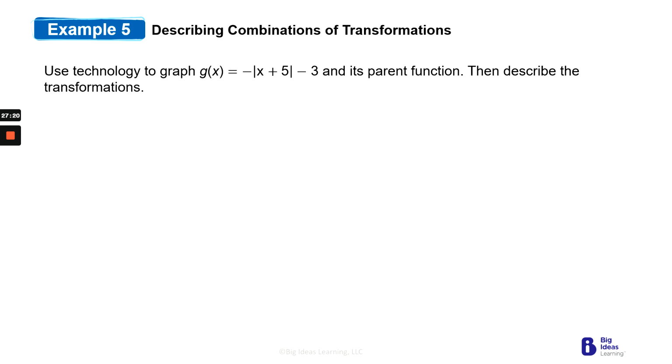So my math button, go over to number, enter absolute value. Inside of the absolute value bars, it wants x plus 5. So again, that x is right next to my alpha button. And then plus 5. All right, push our arrow to get out of there. And then it wants minus 3. So minus 3.